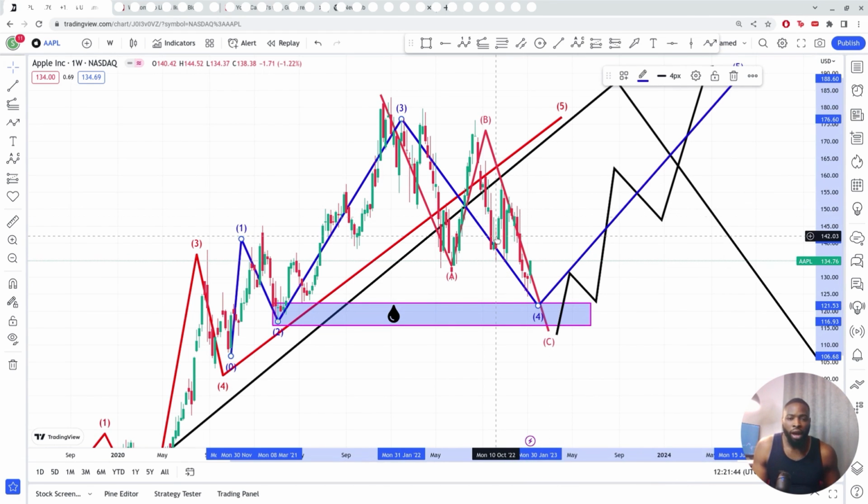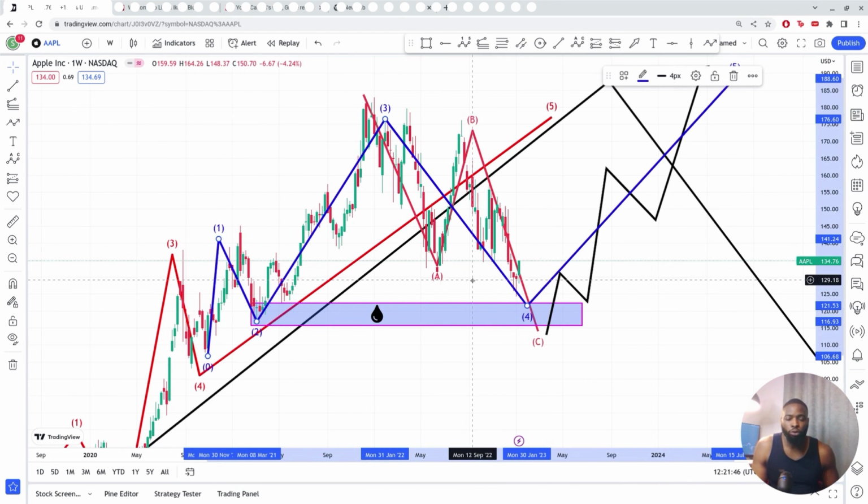But I have to scale down to a lower time frame to zoom in to see the fractals of this C wave. This wave is meant to be a 5-wave pattern, because it's an impulsive wave in a bearish trend.